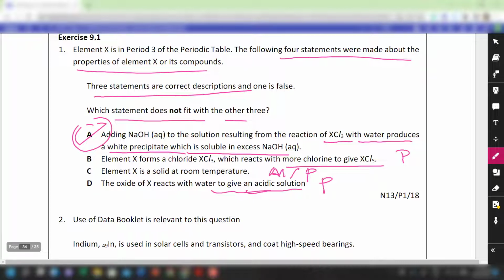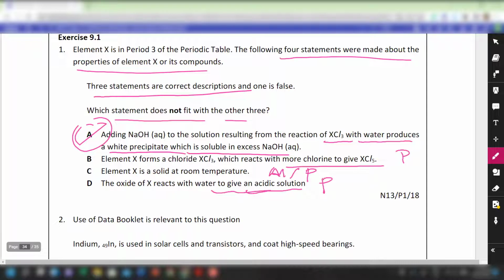You can argue that C is not a specific statement, so it can either be aluminium or phosphorus. I'll leave that up to you, but at least B and D tell us that X is phosphorus. So with that, statement A is therefore the one that does not fit into the other 3.